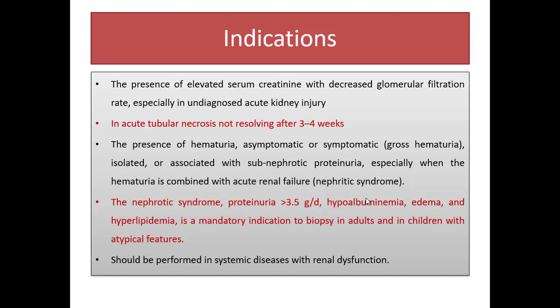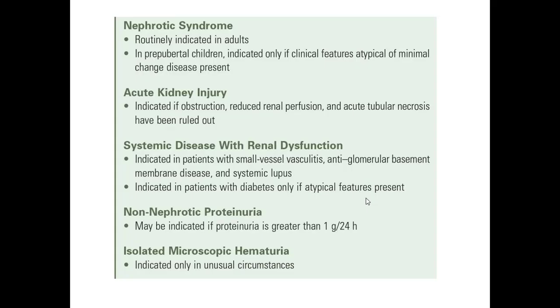The kidney is one of the organs of the body that has small vessels. So any disease which affects the small vessels, like small vessel vasculitis, needs specific treatment, and I can diagnose it through the kidney biopsy. So those are the indications.